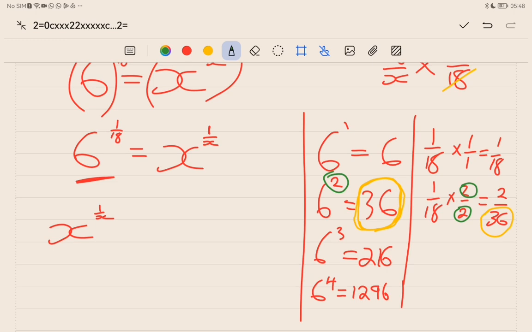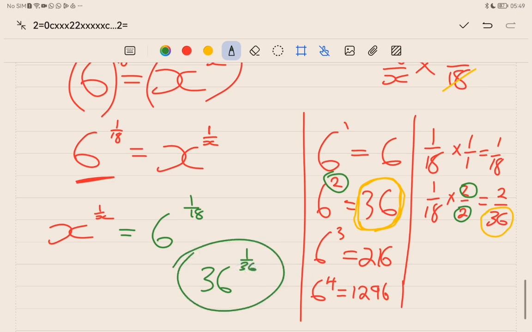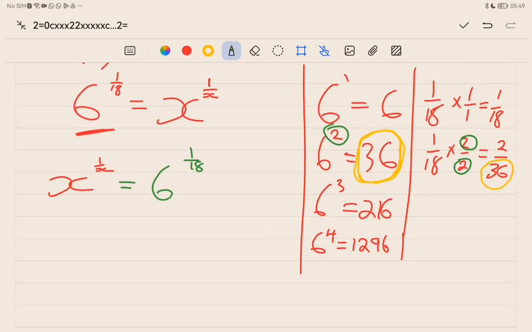So how can we manipulate 6 to the exponent 1 over 18 in order to be 36 to the exponent 1 over 36? We need to change it to this form. What you need to do is easy. The first thing is to rewrite this thing, then raise the whole thing to the exponent 2 over 2, because we're working with 2's here.